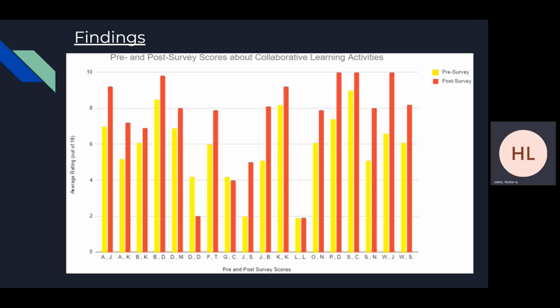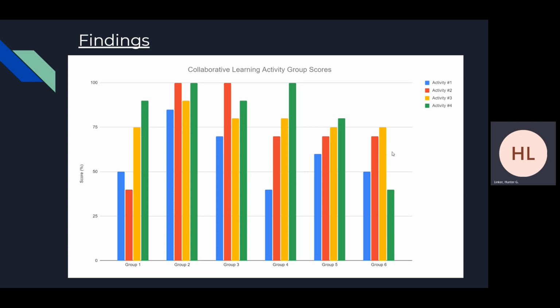The change in my students' perceptions of group projects was positive for 15 out of 18 students. Only 3 students' perceptions of group projects either did not change or decreased after the action research was completed. These are the same 3 students that were in group number 6.